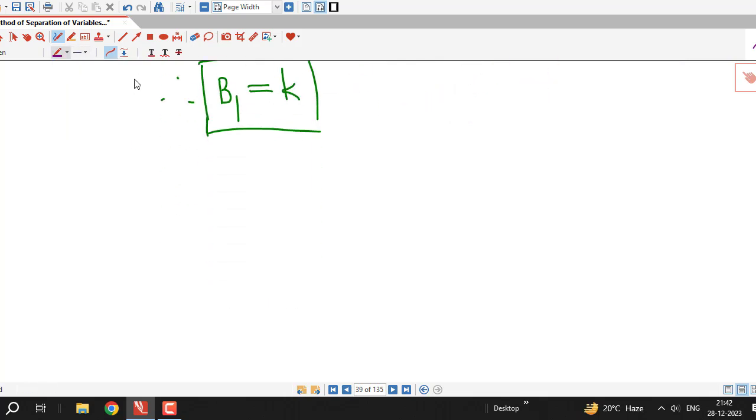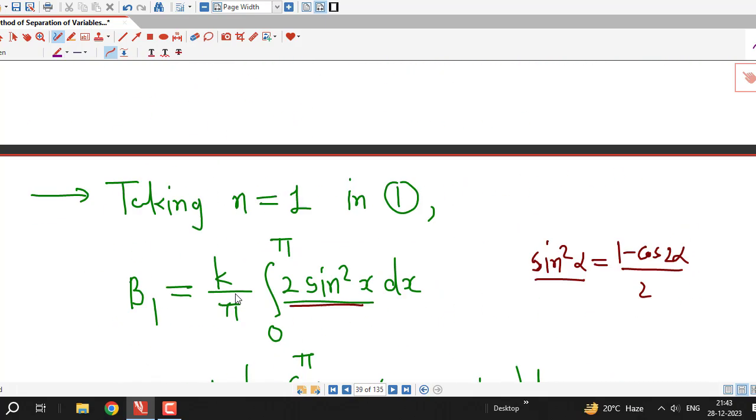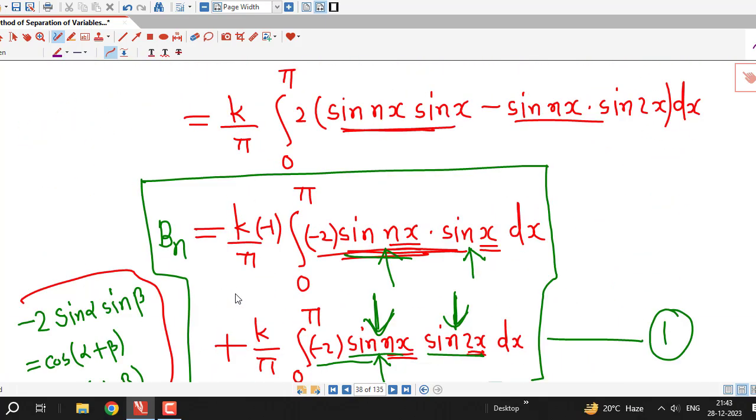Now I have to decide what is b2. So for that I am taking n equal to 2 in number 1, and let's see what we obtain for n equal to 2. b2 equal to k by pi is there, and if I take n equal to 2 here, I will have sin 2x into sin x, and so I will write minus 2 sin 2x into sin x.